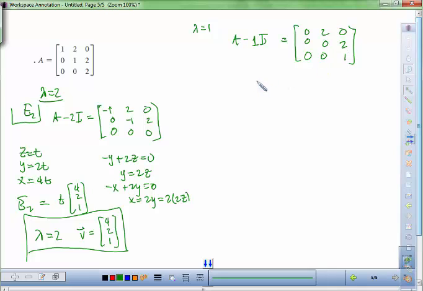z. 2z is equal to 0, or z is equal to 0. And y is equal to 0 also. So x is a free variable. Is that right? X can be anything.